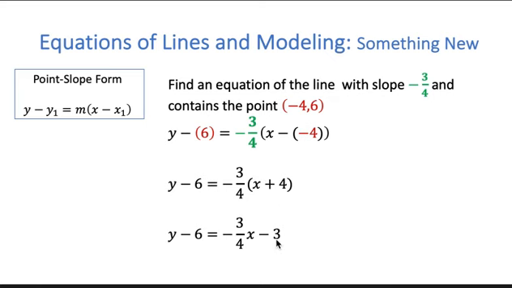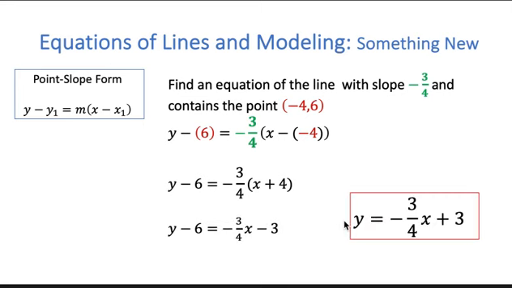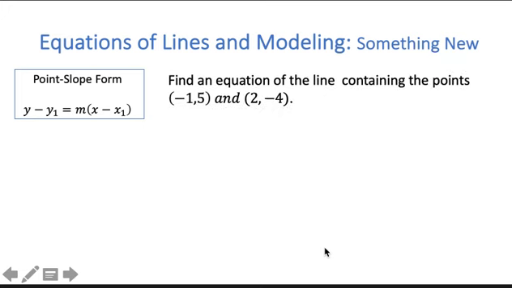That's where we got the -3. Remember, this is negative. And when I'm all done simplifying it, the equation is y equals -3/4 x plus 3. This is the equation of the line. It has a slope of -3/4 and it goes through the point -4,6.